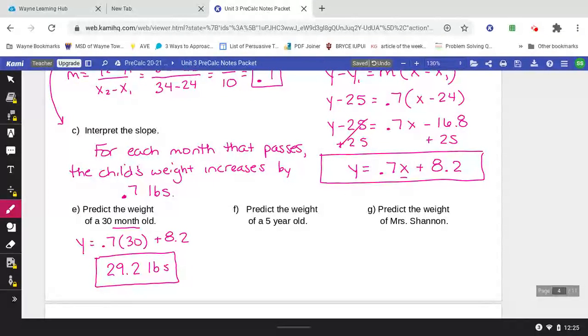All right, next one, we're going to predict the weight of a 5-year-old. Notice we're in years now. We need to make sure we turn that into months. So I'm going to multiply that by 12 to turn it into months. And I end up with 60 months.